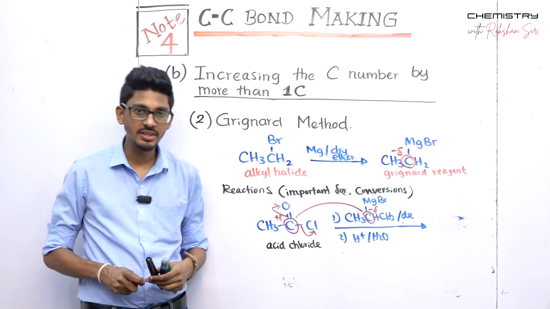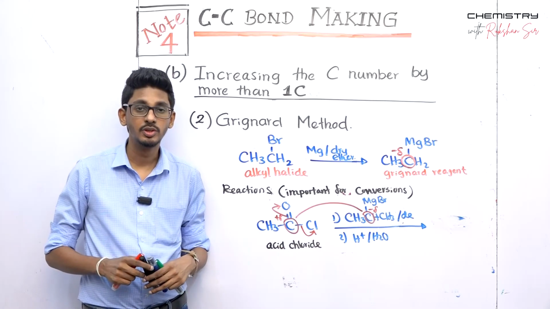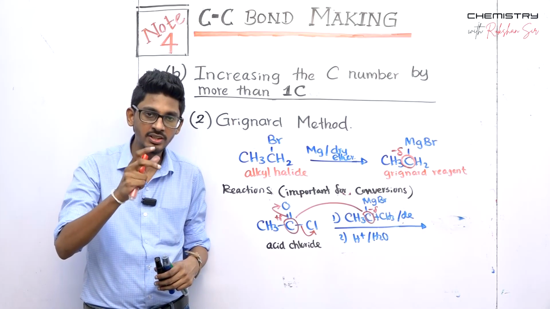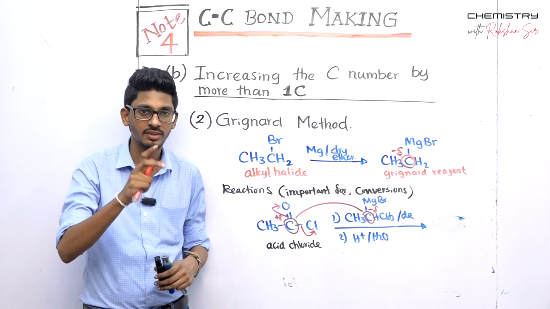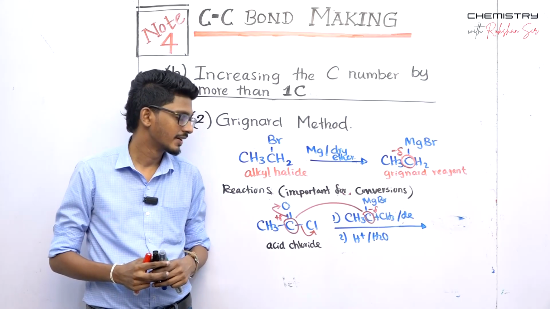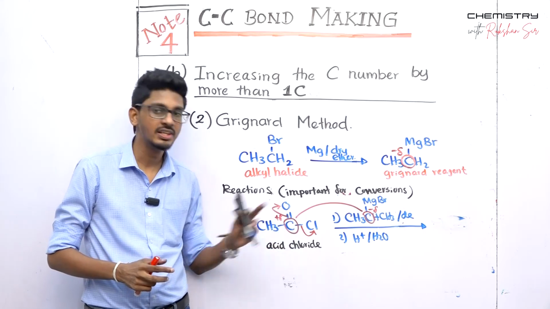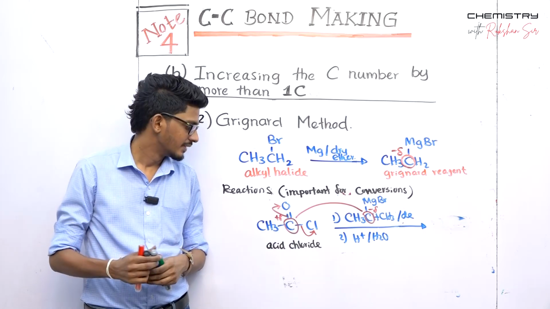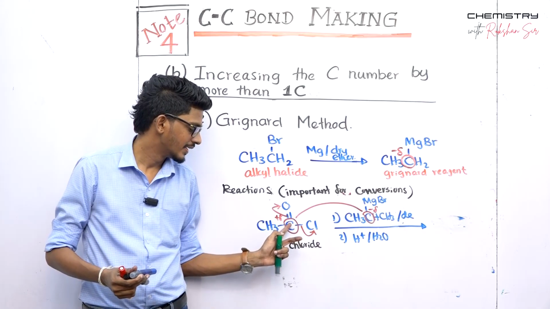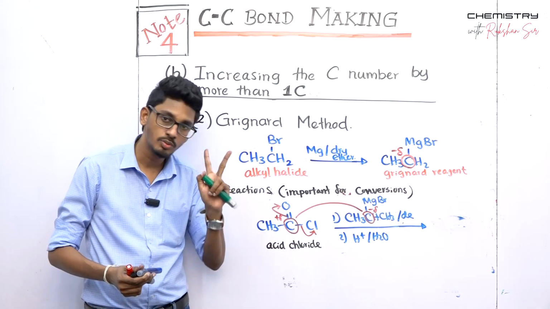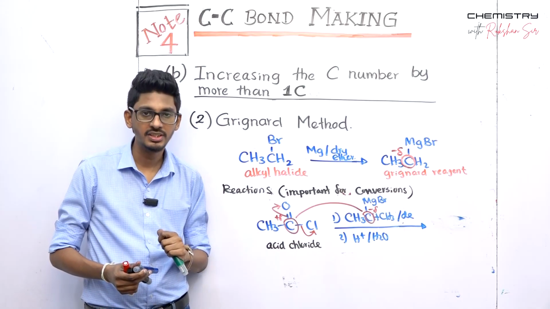In our characteristic mechanisms, we have learned that chlorines are referred to as good leaving groups. So not only this pi bond, but also this chlorine will leave. That means this carbon is going to lose 2 bonds in this whole procedure.